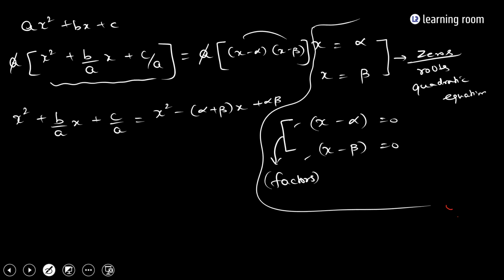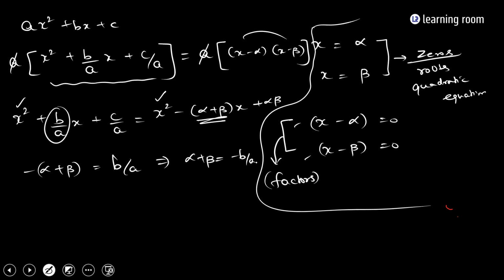Okay, now you compare both the sides. x square gets cancelled. Minus alpha minus beta, that is minus of alpha plus beta. This side, what do you have? The coefficient of x, plus b by a. So what is alpha plus beta? Minus b by a. Here you have alpha beta, here you have c by a. Now you understood. That's it. This is all you need to know.